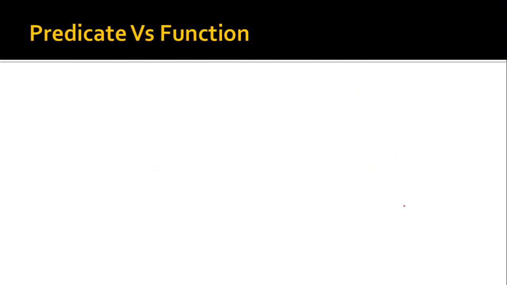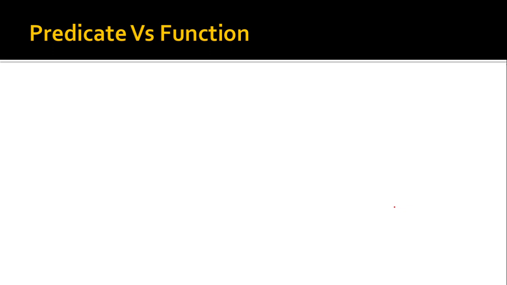Now let us try to look at predicates and functions. Visually they look to be the same. They have a symbol which is the predicate or the function name, and they have a set of arguments, right? So both of them look the same, but in semantic terms they are different.